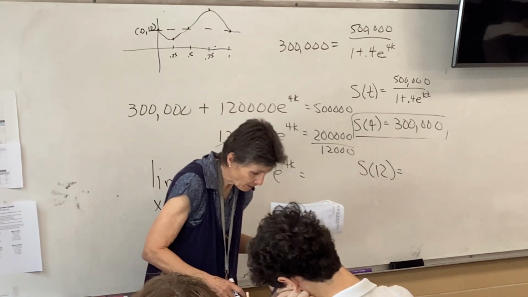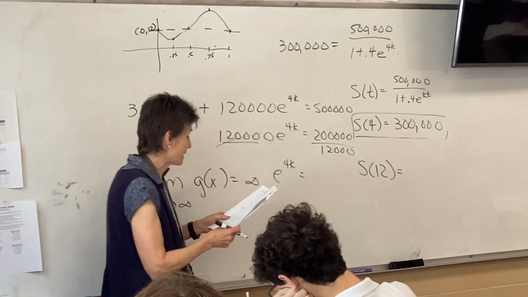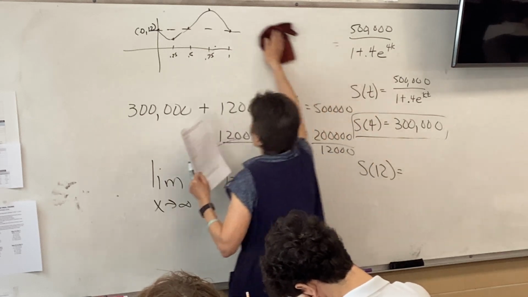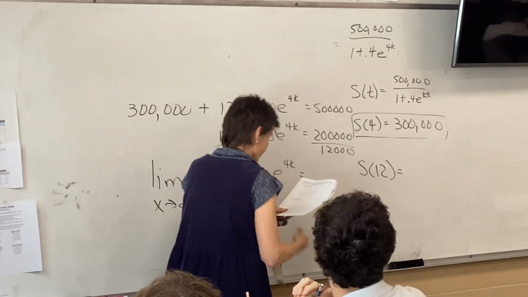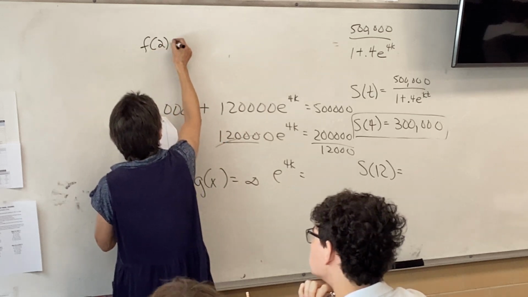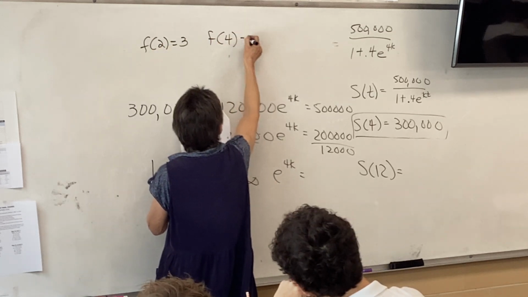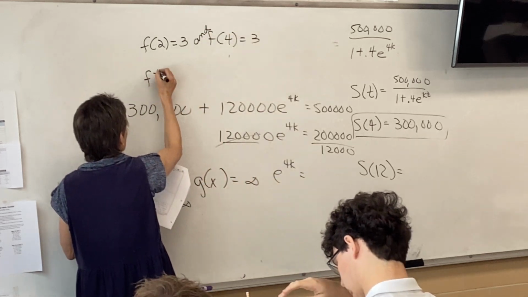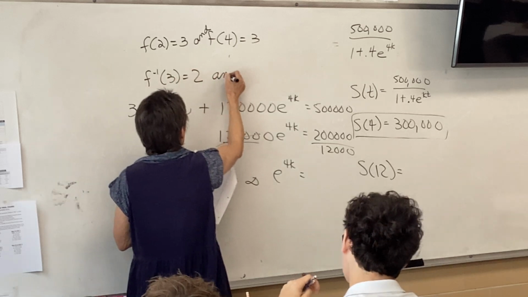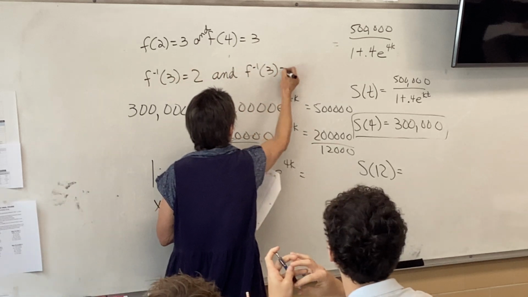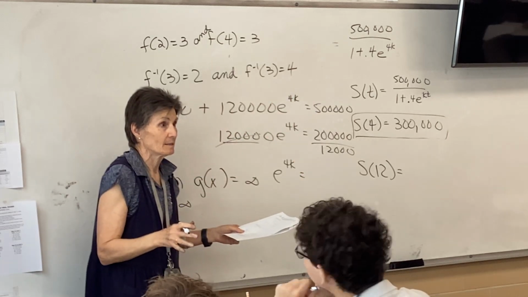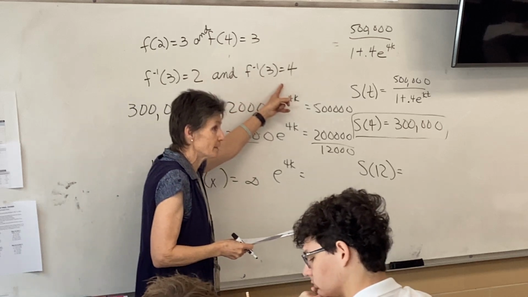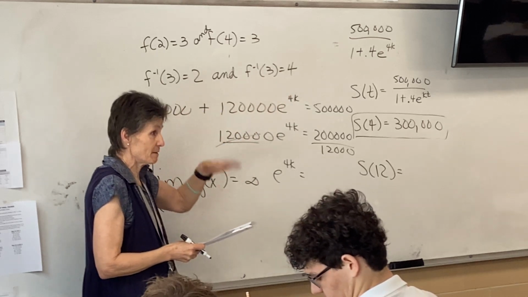Okay, I said no, and then my reason in double I is, I wrote something to the effect that f of 2 is 3, f of 4 is 3. That means that f inverse of 3 is 2, and f inverse of 3 is 4, and that can't be, because I can't have 2 outputs for the same input and be a function.